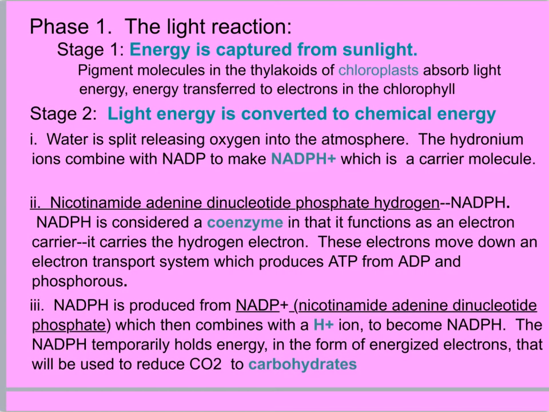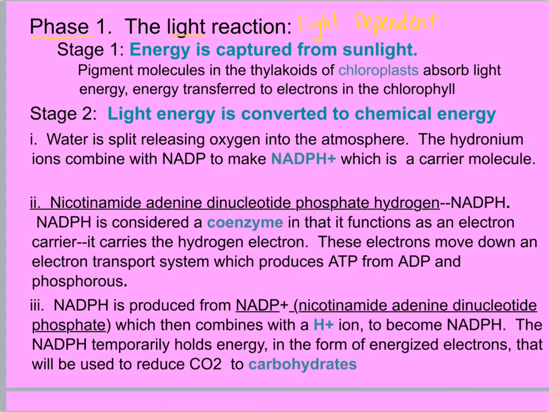Okay, so photosynthesis. So the light reaction is the first phase. So phase 1, light reaction, also known as light dependent reaction because it depends on light. You got to have light for this to happen. So it makes sense that light starts off photosynthesis because if you remember, photo is light.